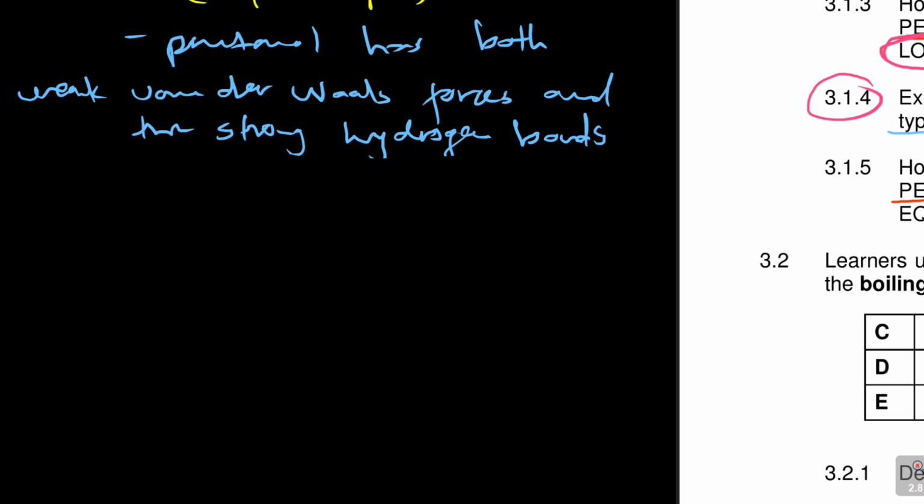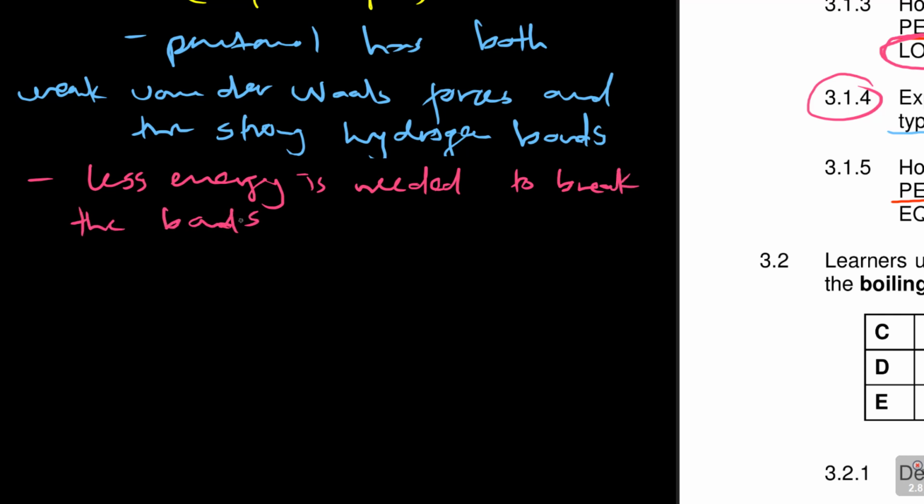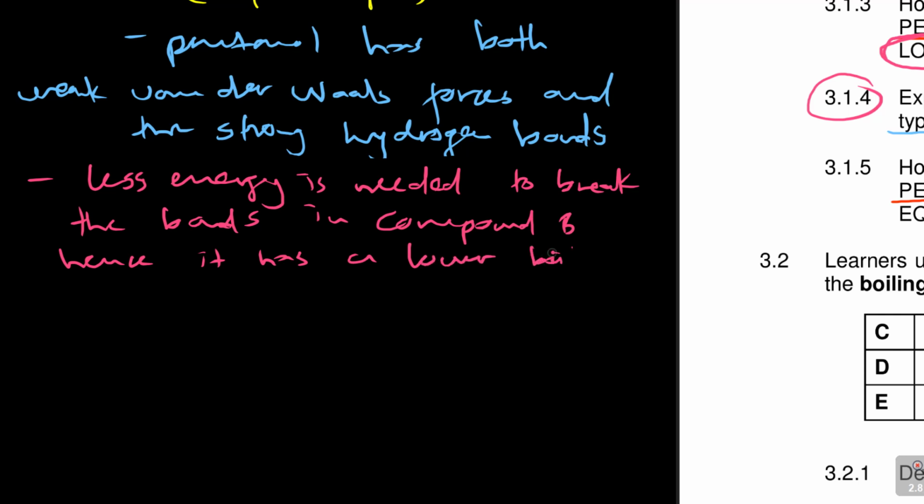Remember, I'm now focusing on compound B. Then I can say as a change, less energy is needed to break the bonds in compound B. Less energy is needed to break the bond in compound B, hence it has a lower boiling point or higher vapor pressure.